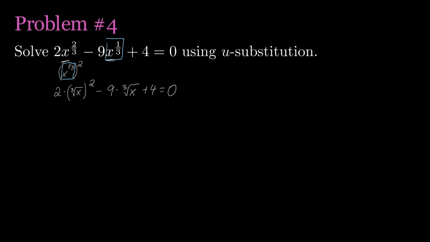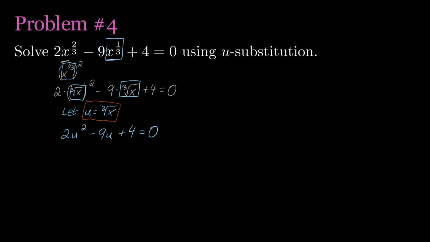Now, we will identify our building block that we'll substitute with u to be simply the cube root of x. So we let u be the cube root of x. That's our dictionary for the substitution, for the translation into the u language. And our equation in that u language is 2u squared minus 9u plus 4 equals 0.